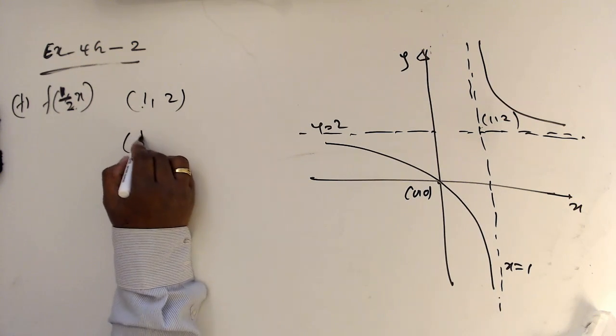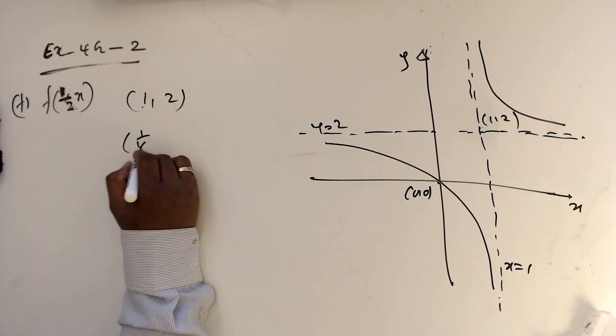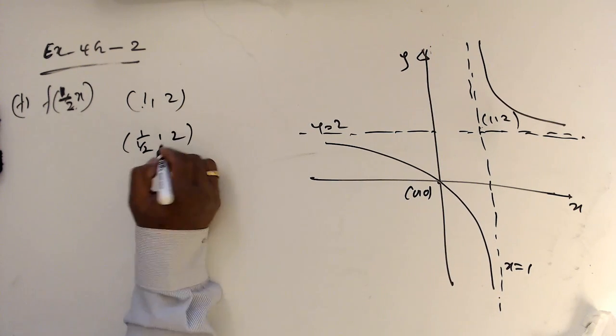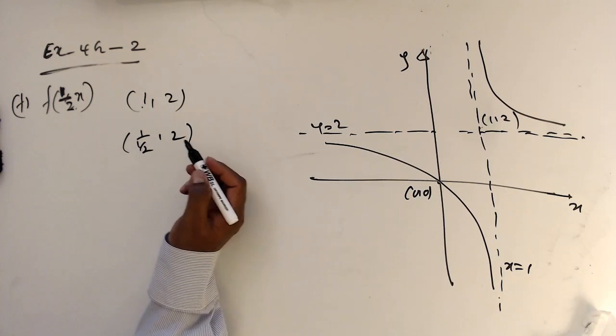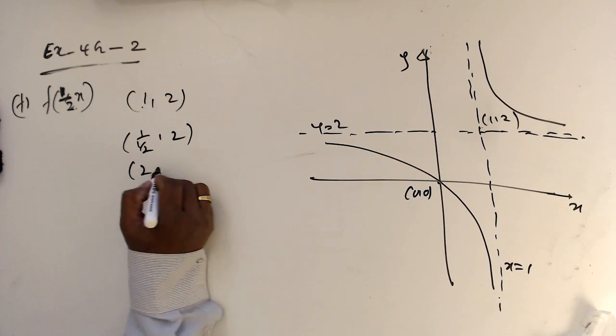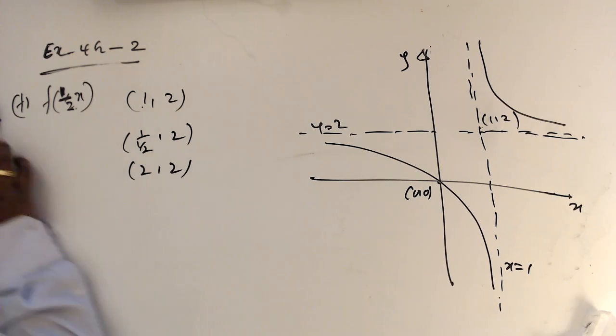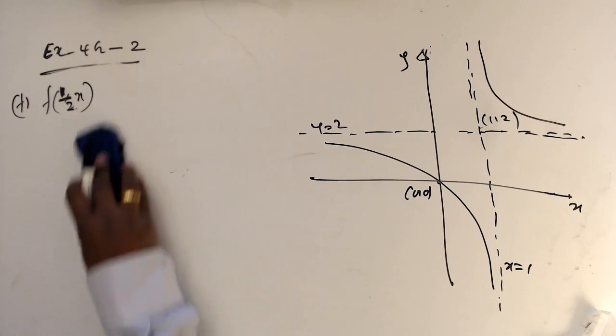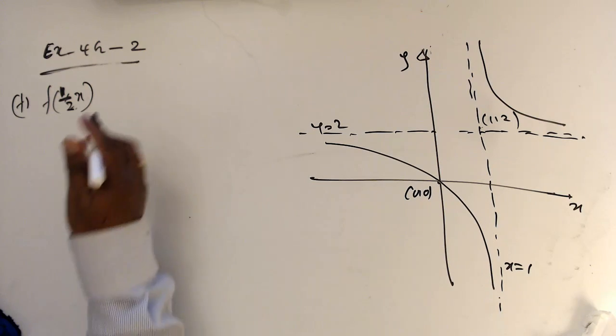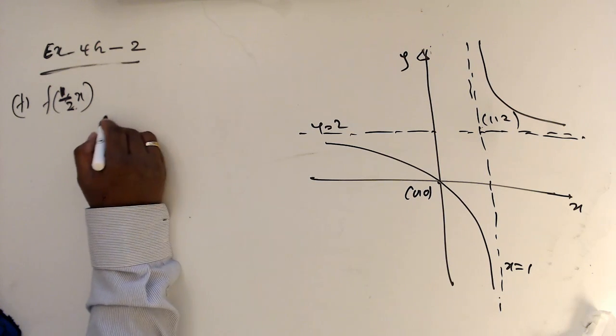The new one is 1 divided by half, and 1 divided by half means 2. So 2, 2. Or the same idea: you multiply the x value by scale factor 2.